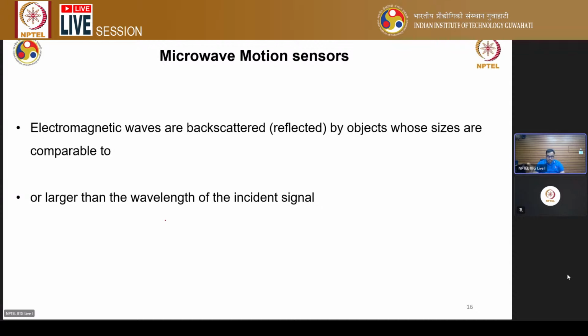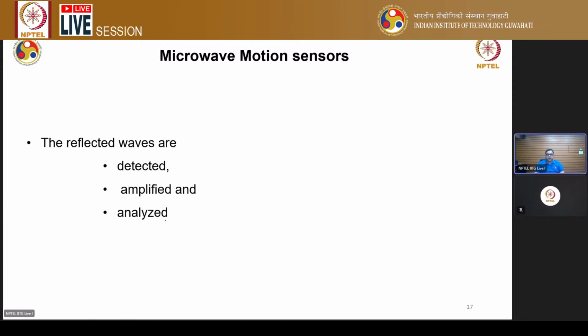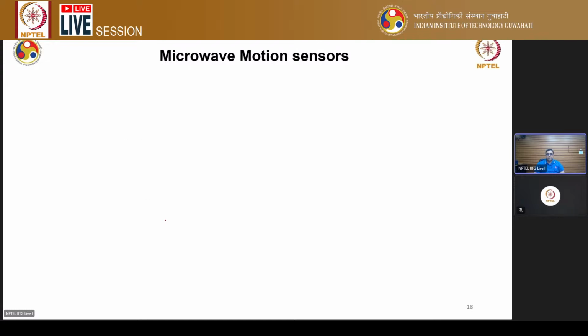Now, as I mentioned, this Doppler effect can also be extended to microwave signals. If you remember, the microwave motion sensors work on a similar principle, where electromagnetic waves are backscattered or reflected by an object whose size is comparable to or even larger than the wavelength of the incident signal. The reflected waves are detected, amplified, and further analyzed.